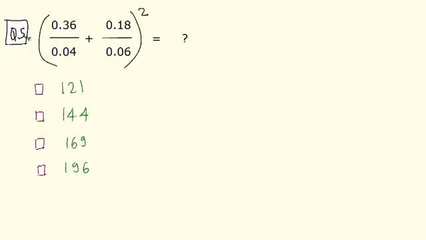Okay, now let us solve the final question of this video. Whenever you have such a situation where the numerator and the denominator have equal number of digits on the right hand side of the decimal point, you can just write them without the decimal points. So this becomes 36 by 4 plus 18 by 6 to the whole square.